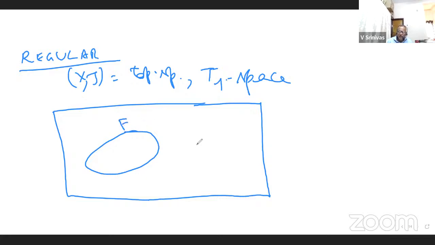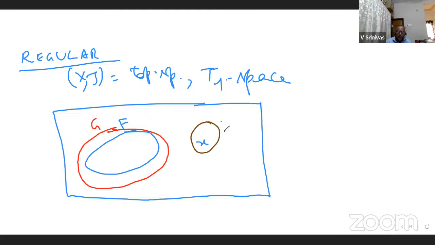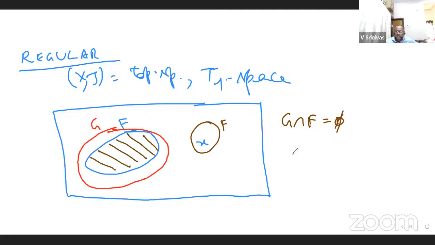F and a point outside it with open disjoint neighborhoods. If you can find a G containing the point and an open set containing F, such that G and that set are disjoint. Say your capital F is closed, and that your point is, well, let me go for some other name here.